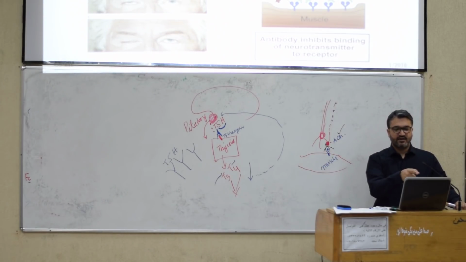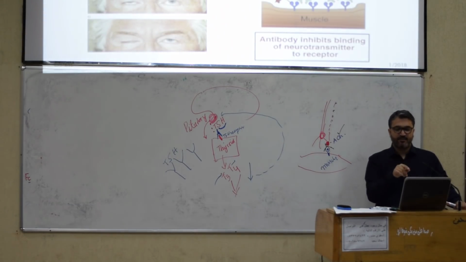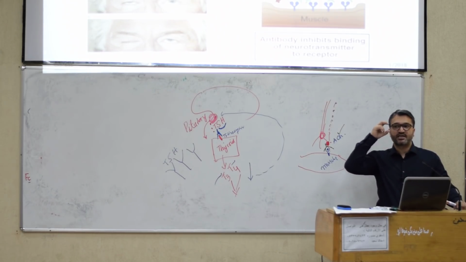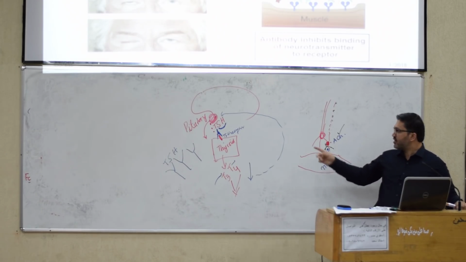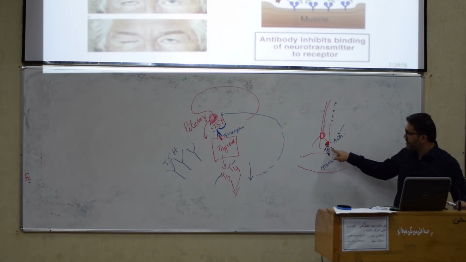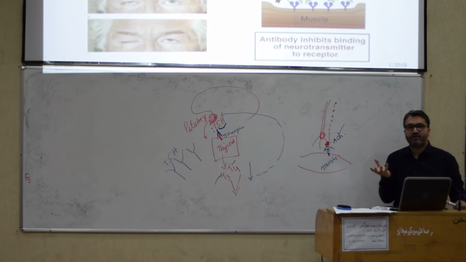In the morning, the patient is able to open both eyes. Gradually, as the day passes, you can see in the middle of the day and then late night, the patient is not able to keep his eyes open. He cannot keep the eyelids open. Why? Normally, when the nerve impulse goes, acetylcholine is released, binds to the receptor, and the muscle can contract and perform its function.